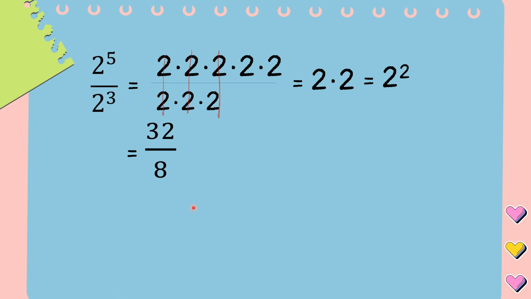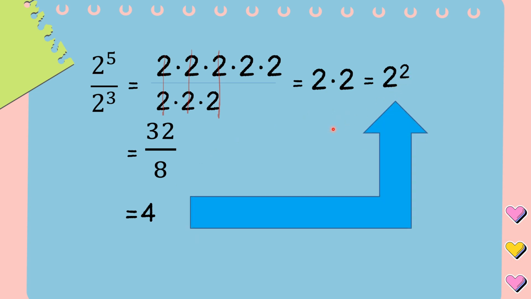And then we have, since 2 times 2 times 2 times 2 times 2 is 32, and 2 times 2 times 2 is 8, 32 divided by 8 is 4. And 2 raised to 2 is the same as 4, or 4 is the same as 2 raised to 2.